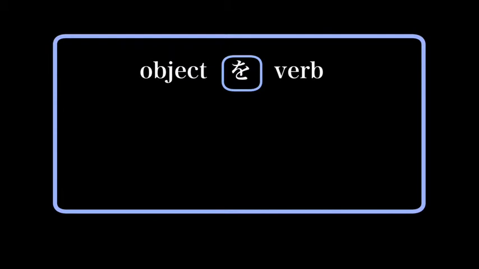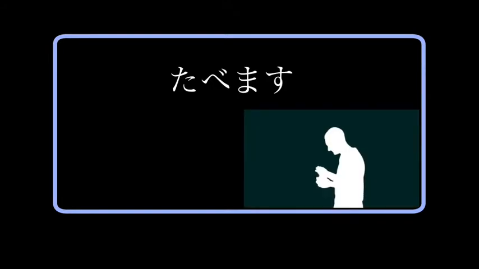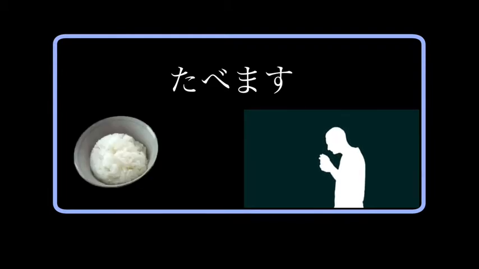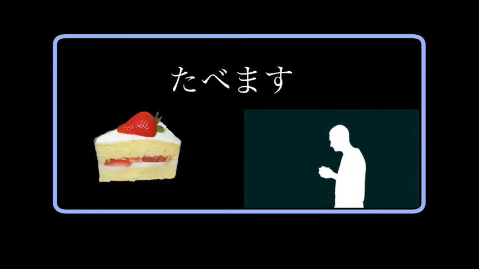So let's have a look at some objects and verbs. We'll start with the action of eating. In Japanese, we say ta, be, ma, su. Tabemasu. For example, gohan o tabemasu. I eat rice. Any food can be put in front of that.